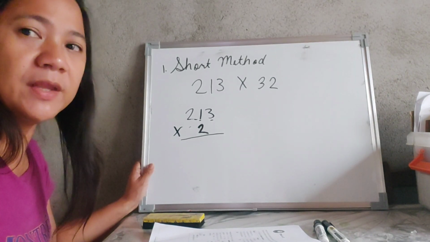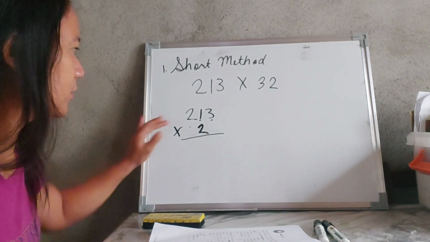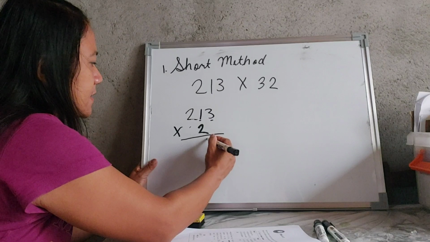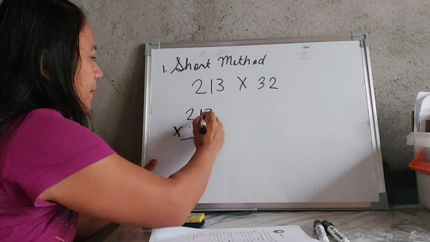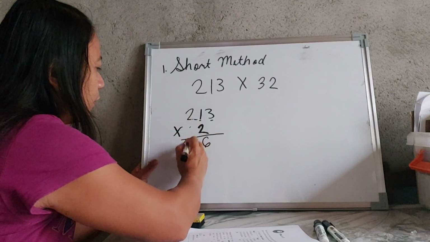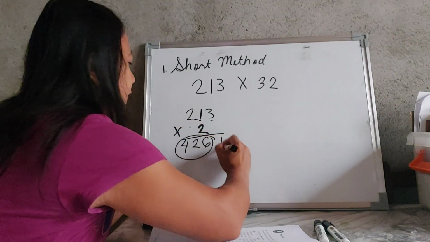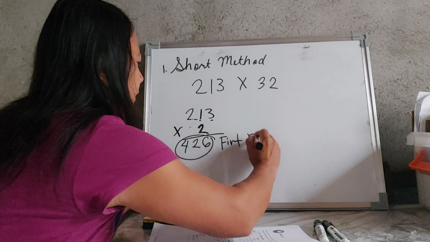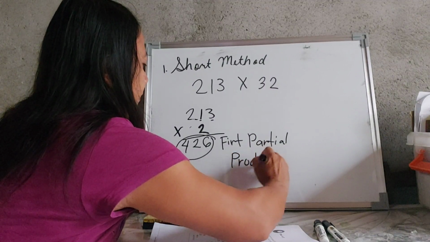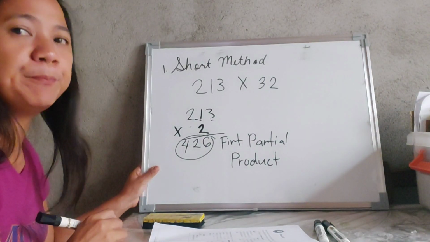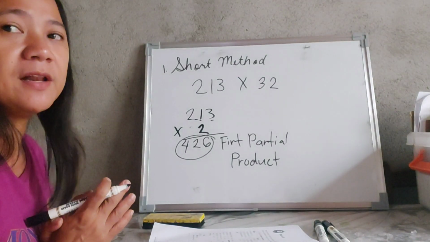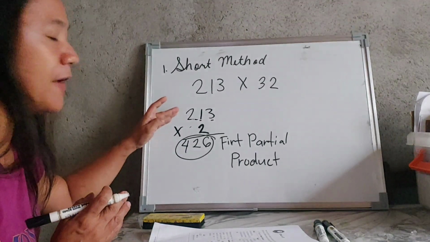Let's now compute the first partial product. 213 times 2. 2 times 3 is 6. 2 times 1 is 2. And 2 times 2 is 4. So 426 is the first partial product.